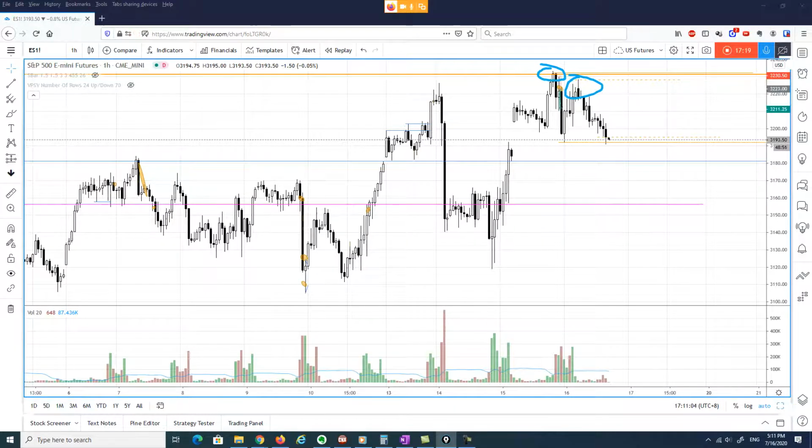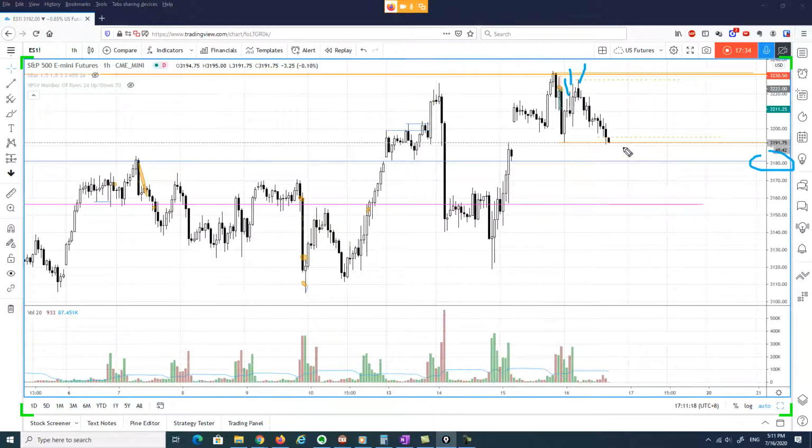And we have some kind of the selling as pointed out with this rejection bar, rejection tail here. So definitely we could see another reaction or a test at probably 3180. So some kind of the reversal or bounce up from this level could be a long trade.